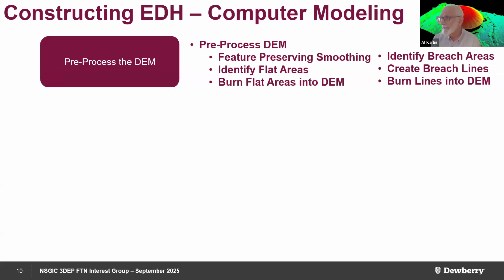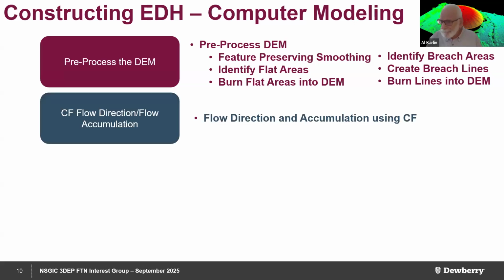We've designed tools that can identify breach areas, where we use a zonal statistic to find areas of depressions that are on either side of ridges, and they have to have drains coming into them, so that we know where to put a breach. And we can obviously identify the elevations and then burn those breaches into the DEM. So these are all automated processes.